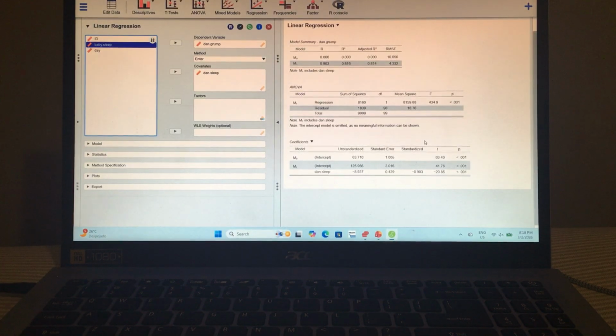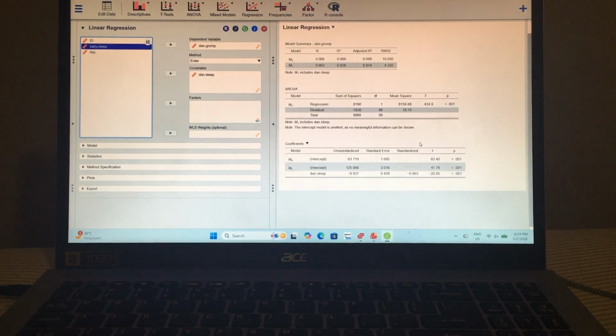Later on in the chapter, we are going to get into multiple linear regression, which has 2 or more independent variables. And at that point, you will need to carefully consider whether you want to report the overall model or specific slopes. Next, we're going to get into the assumptions of linear regression.